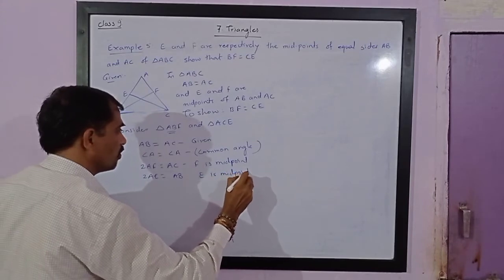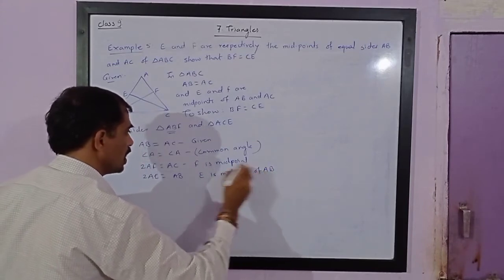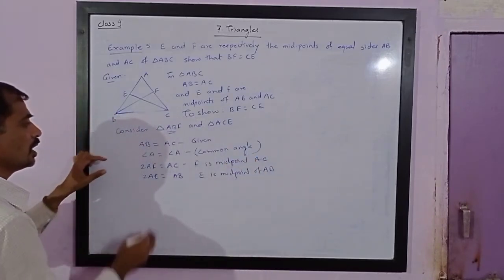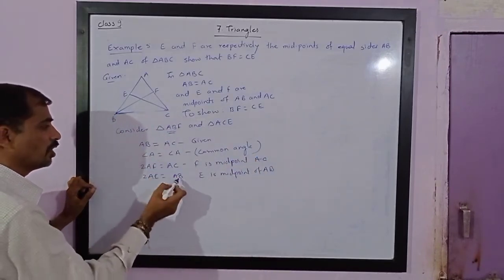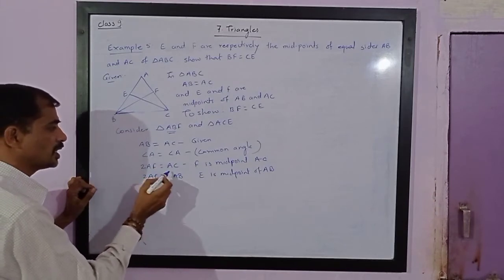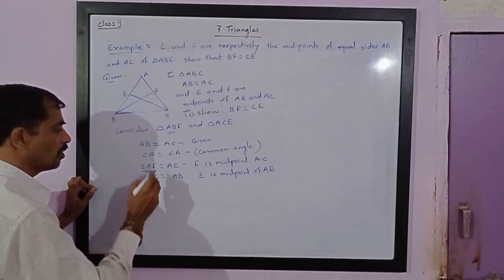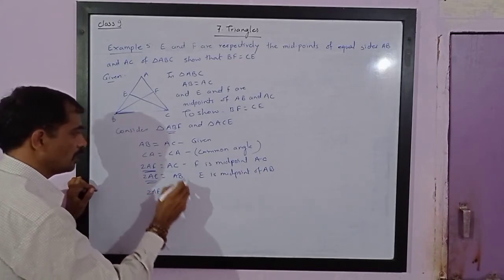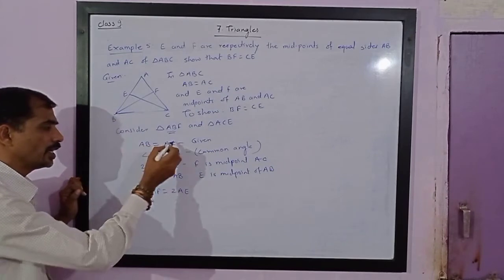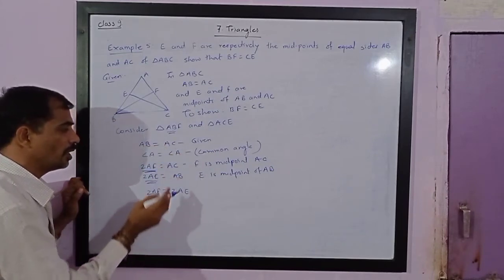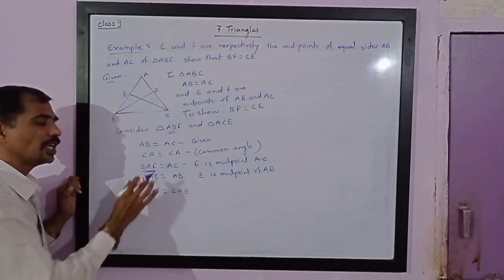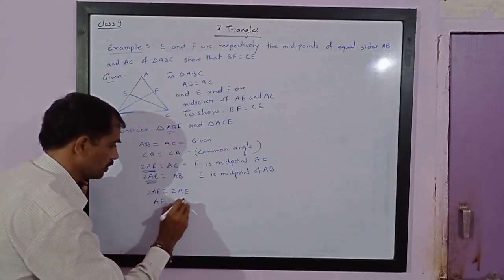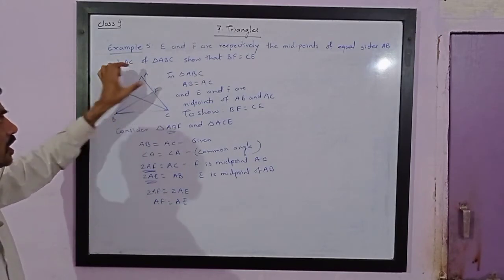E is midpoint of AB and F is midpoint of AC. But we are given that AB is equal to AC. So twice AF must be equal to twice AE, because the right hand sides are equal, so the left hand sides must be equal. It means AF is equal to AE.